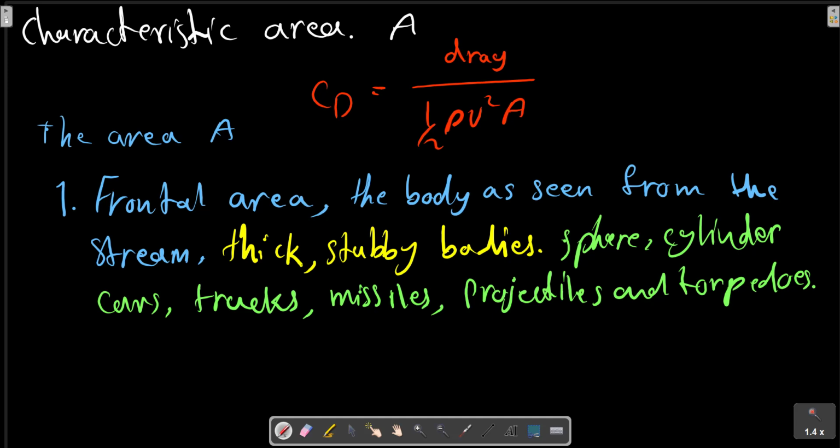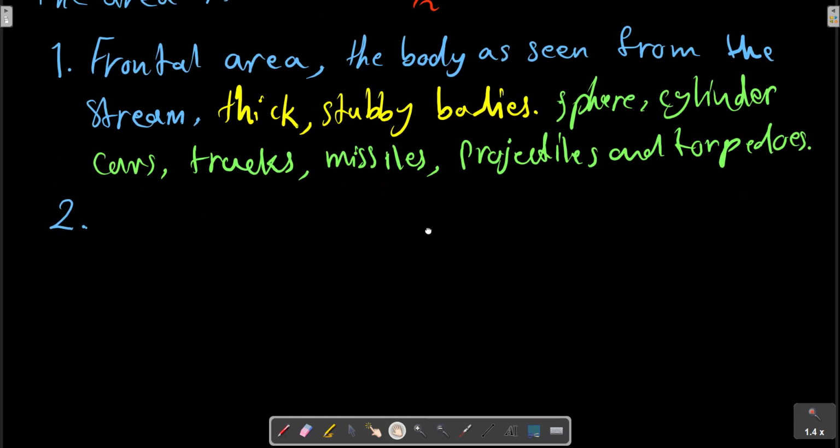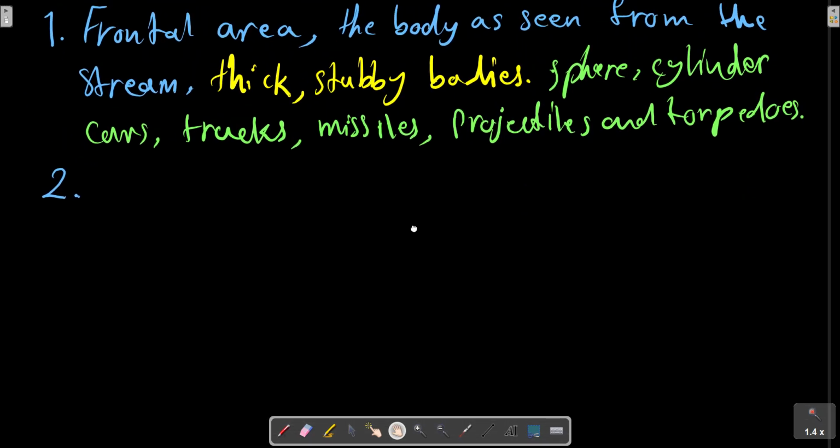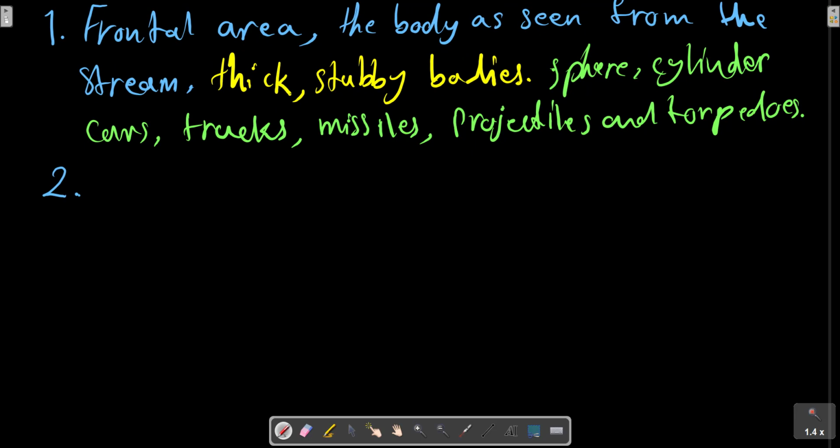The second form is the planform area, the body area as seen from above.